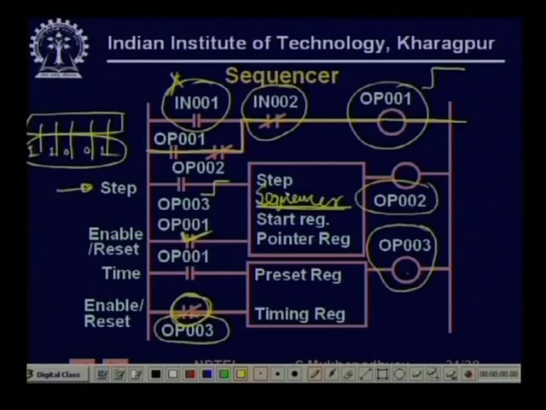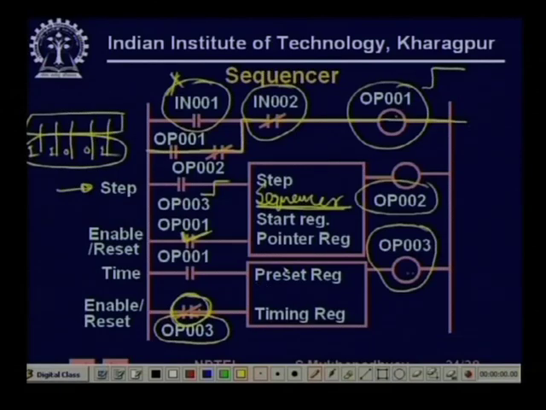After the first step is executed, it is waiting there. Now, when this has become 1, immediately this becomes 0 again, so again it is enabled. Output 001 is already on, so again it times.